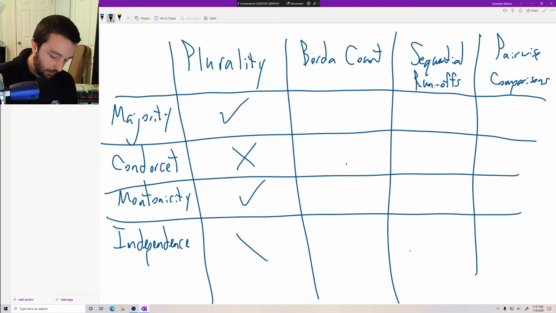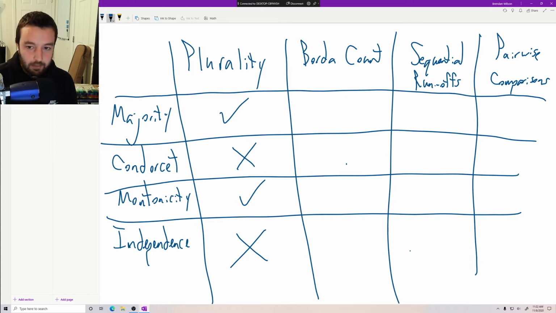But the irrelevant alternatives, that one's not going to be satisfied, because you can imagine if somebody gets the most votes, but you take away one of the candidates, then maybe the votes for that candidate go to another person, and now that person has the most first place votes. So this one won't necessarily be satisfied. Okay.